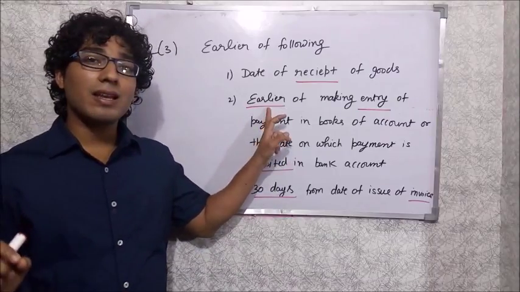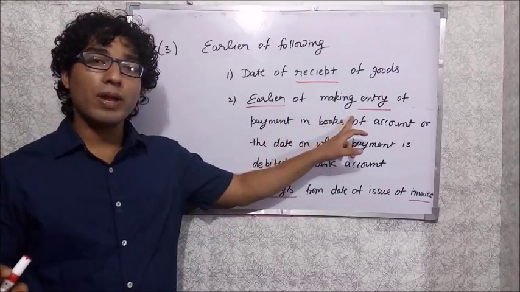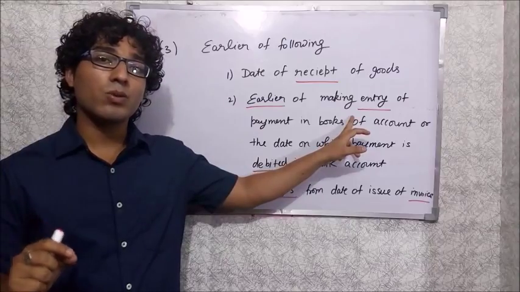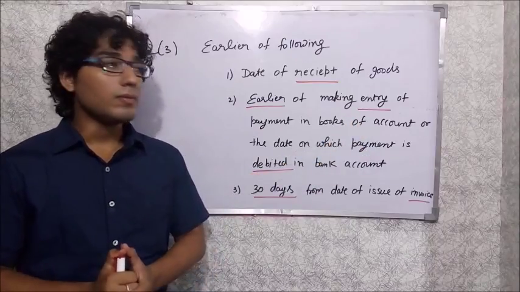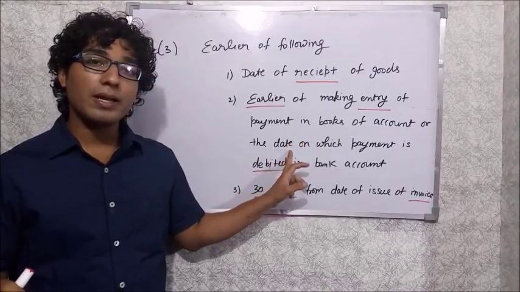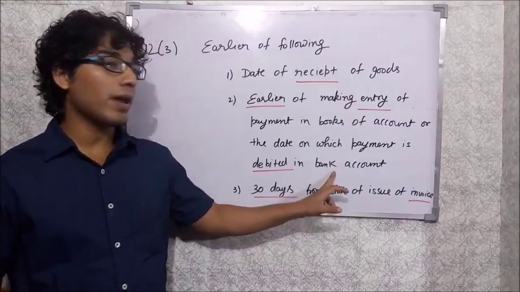Second event is the earlier of the two events, and the first of those is when you make the entry into your books of account regarding the payment made by you, and the second is the date on which the payment is debited into your bank account.